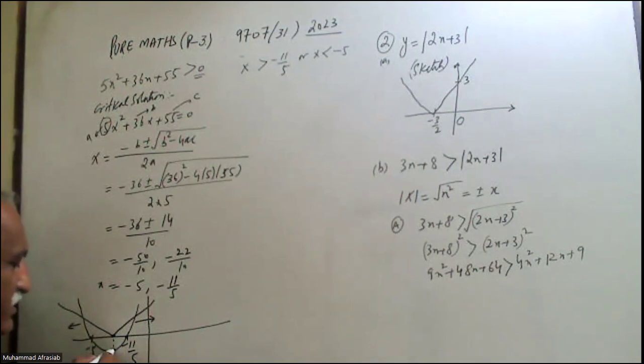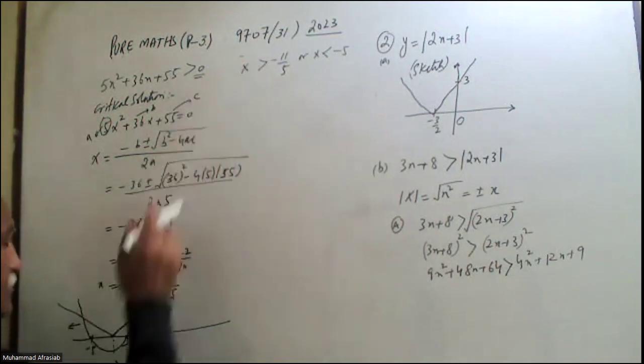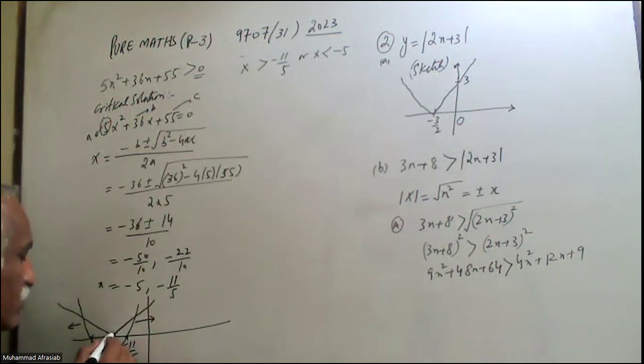So that value is minus 3 over 2 there. So we see that it is greater than 0. So after this value, it is greater than 0. But we will verify it with the help of this calculation there.